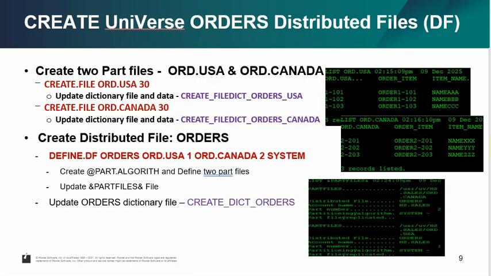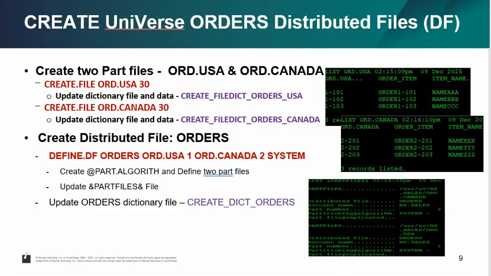So how to create it? Pretty simple. Just use CREATE.FILE. For my example, I create a dynamic file with CREATE.FILE ord.usa 30. That's the dynamic file. After it is created, I have provided the BASIC program to update the dictionary and update the sample data.